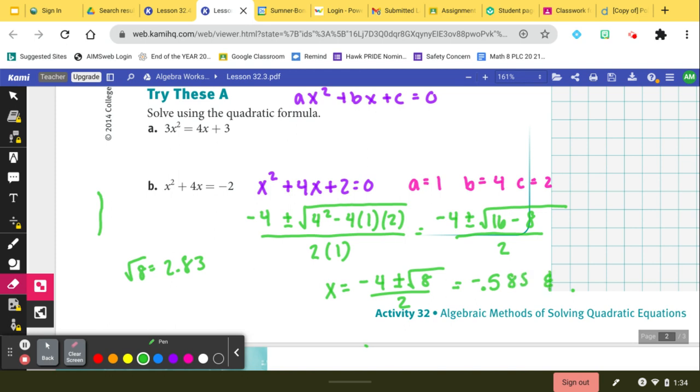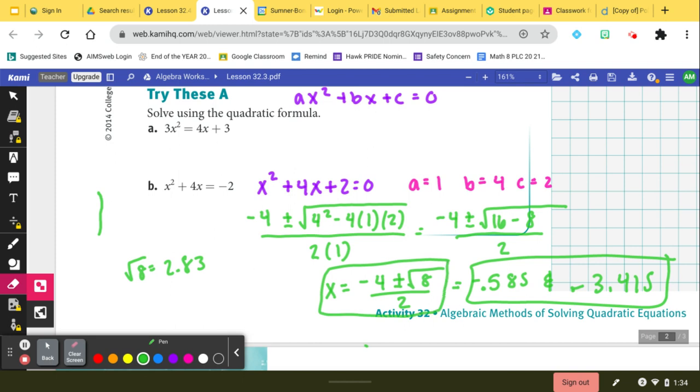And then my other solution would be negative 4 minus 2.83 divided by 2, which would be negative 3.415. So my solutions would be those two, or this in radical form. And you can separate it out as negative 4 plus the square root of 8 divided by 2, or negative 4 minus the square root of 8 divided by 2.